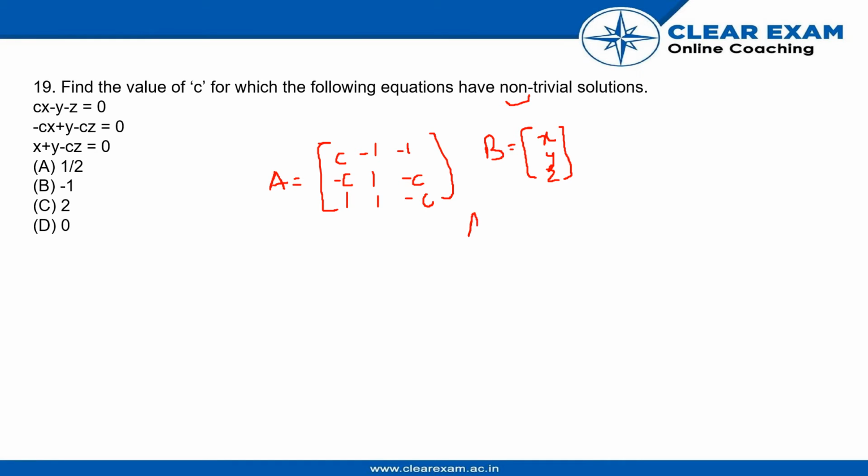So the AB product is equal to 0. And for non-trivial solutions, the determinant of A should be equal to 0.